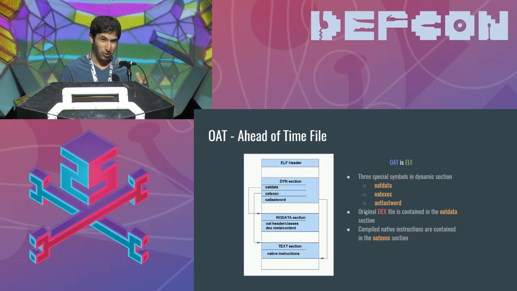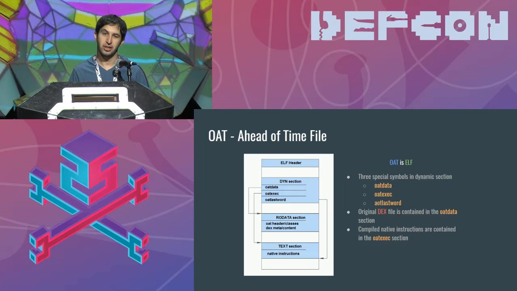I talked a bit about OAT files, so let's try to explain what it is. An OAT file is basically an ELF file with some added sections. One of them is OAT data, which contains the original DEX file, and one of them is OAT exec, which contains the compiled version of the DEX file.